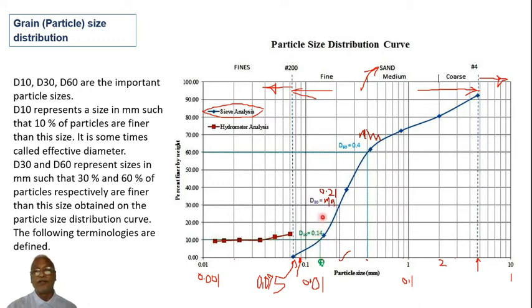You can generalize now. D30 equal to 0.21 mm indicates 30% of the soil is lesser than the size 0.21 mm.